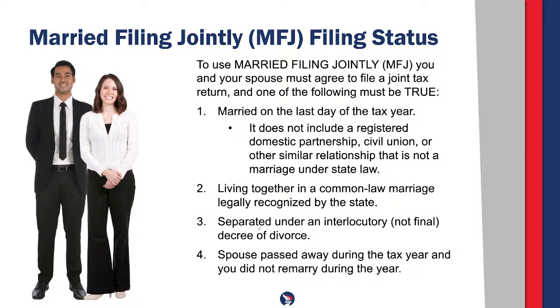You're separated but not under a final decree of divorce. Yeah, you filed the paperwork. You're just not done. It's still in process. You're still married. Or your spouse passed away during the tax year and you did not remarry during the tax year. Well, that brings up its own little thing, and we'll come back to that when we talk about qualified surviving spouse.